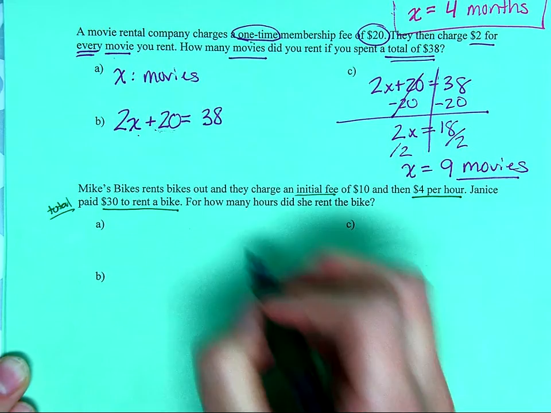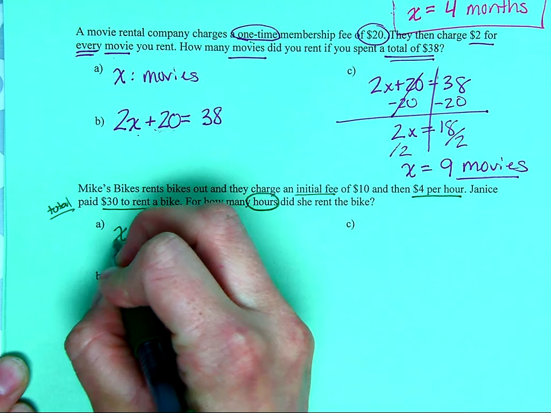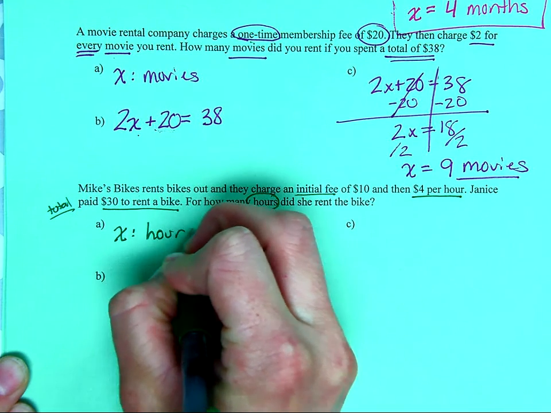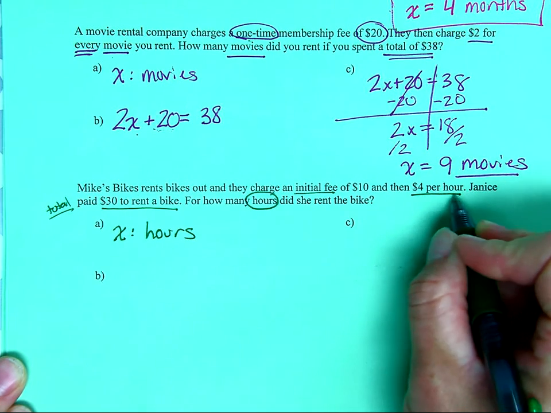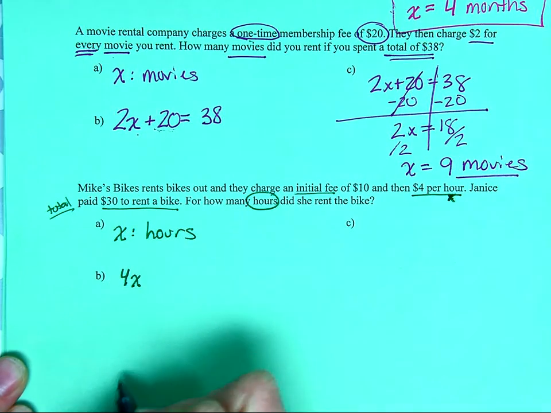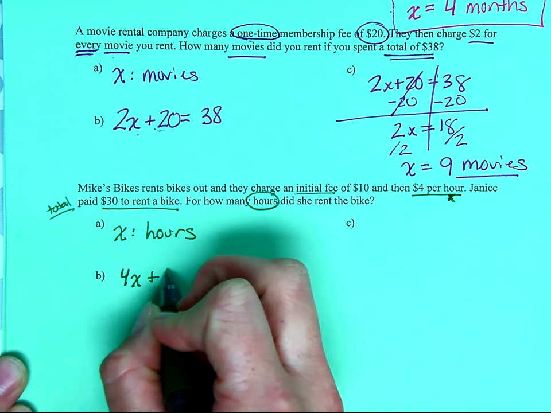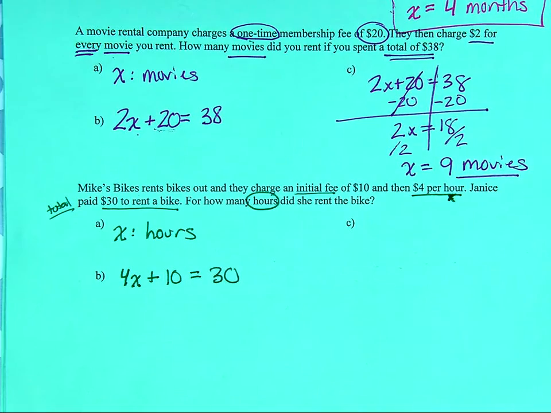For how many hours did she rent the bike? The question's asking me to find hours. So I'm going to pay $4 an hour, there's my X. So $4 for every hour plus an initial fee of $10 gives us our total of $30.